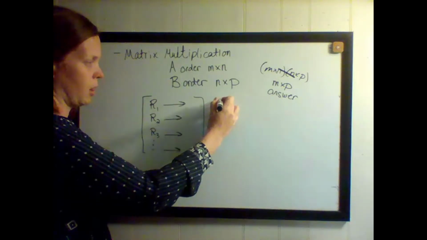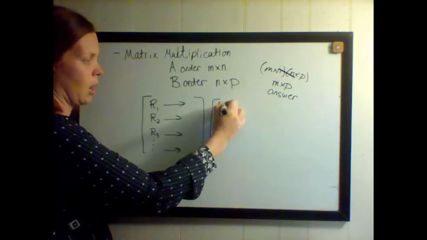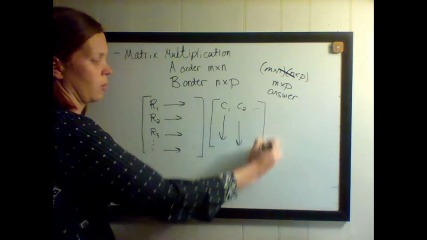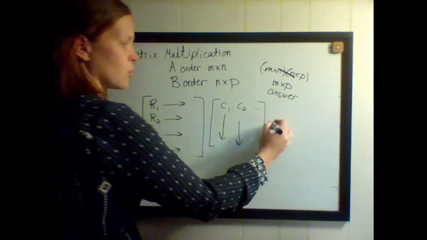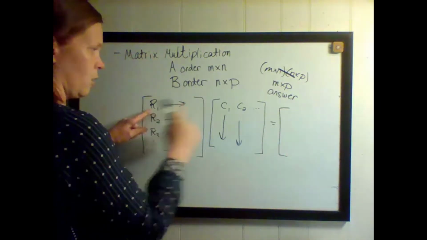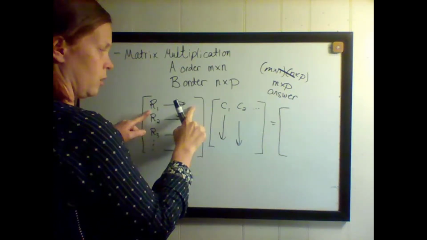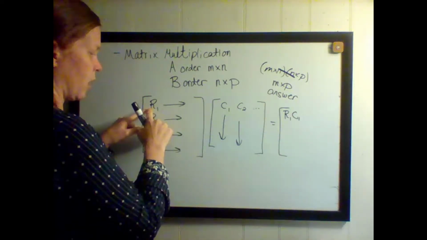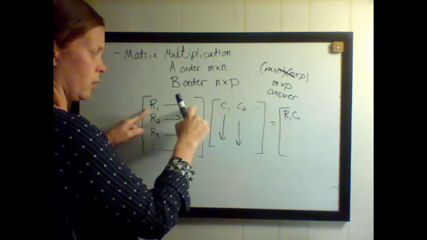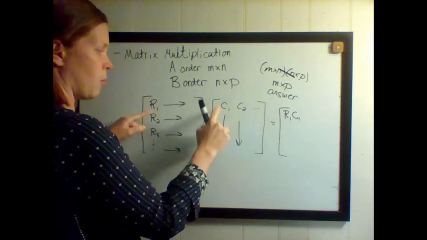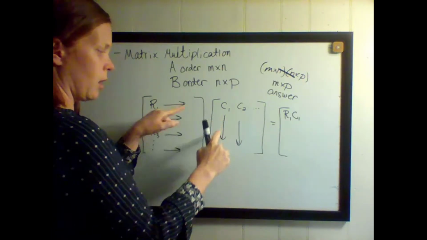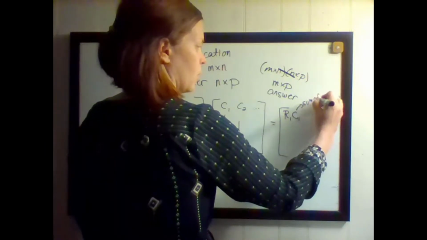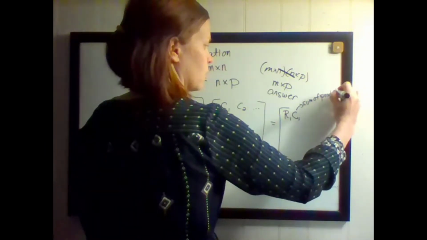If we multiply this by column 1 going down, column 2 going down, and so forth, then in this first spot I'm going to take row 1 times column 1. When I multiply that, I've got multiple values, these times these. So what I do is multiply the values in each spot and add them together. In these spots, it's the sum of products of each spot.